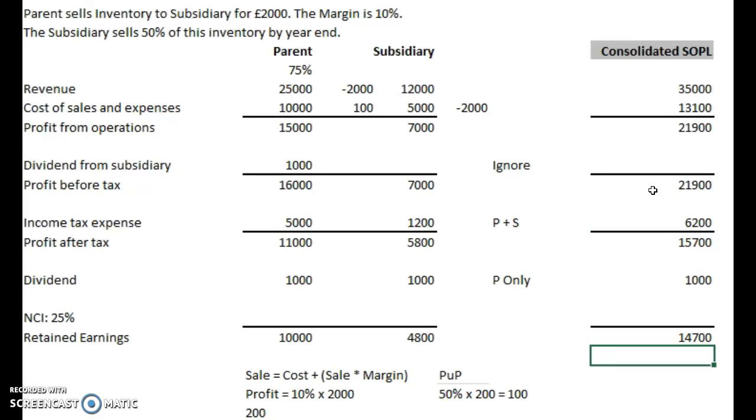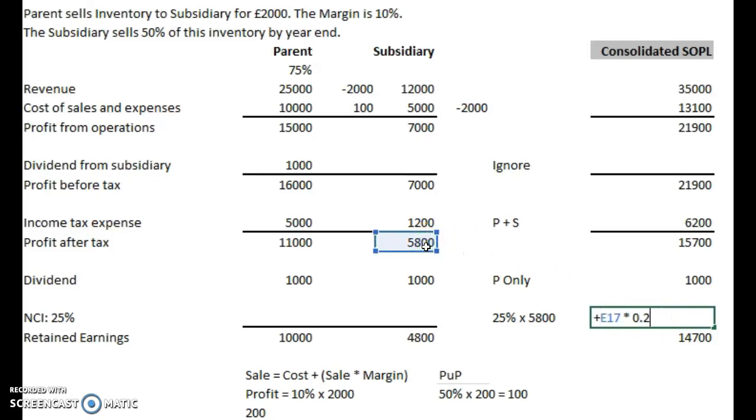Now, of course, we do have an NCI. And what do the NCI want? Well, the NCI wants their share of the profit after tax of the subsidiary. So that's 25% of 5,800, which is the NCI's share of this. So 5,800 times 0.25 gives 1,450.